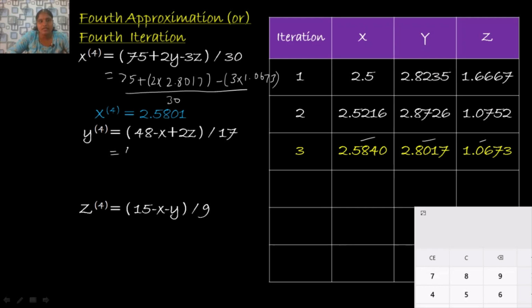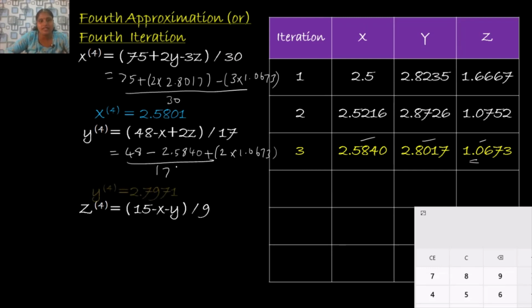and next we calculate the value of y, 48 minus x values 2.5840 plus within parenthesis you make the product 2 product of z value 1.0673 and over 17.